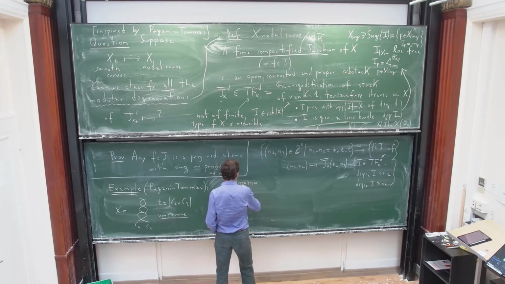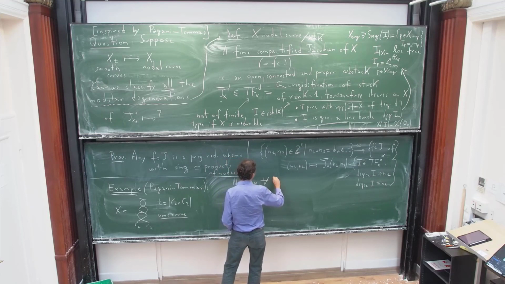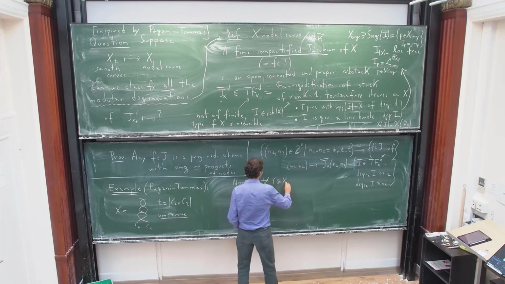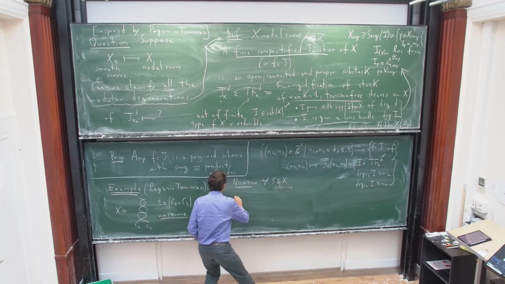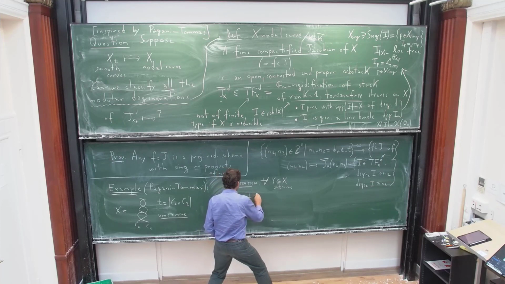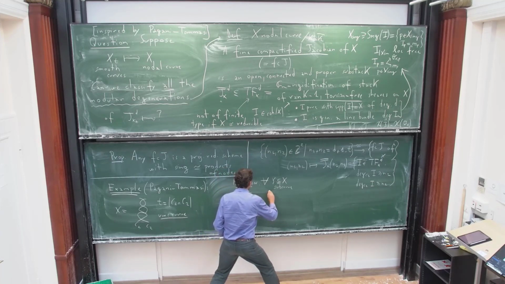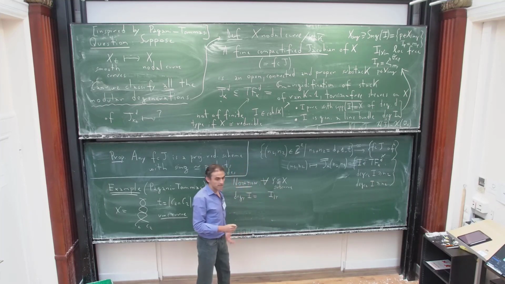Whenever I have a subcurve Y of a nodal curve, I define the degree of I on Y to be the following. You take your sheaf and restrict to Y, which may acquire some torsion.